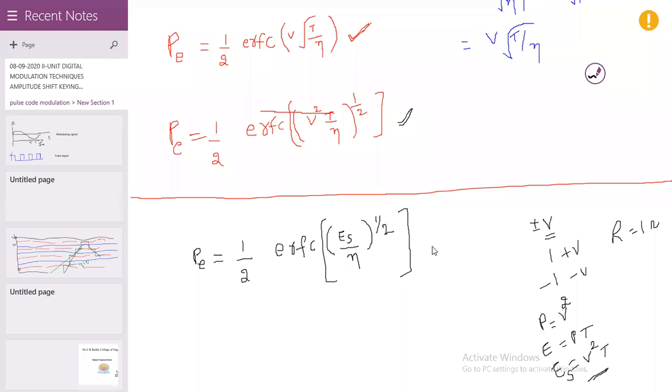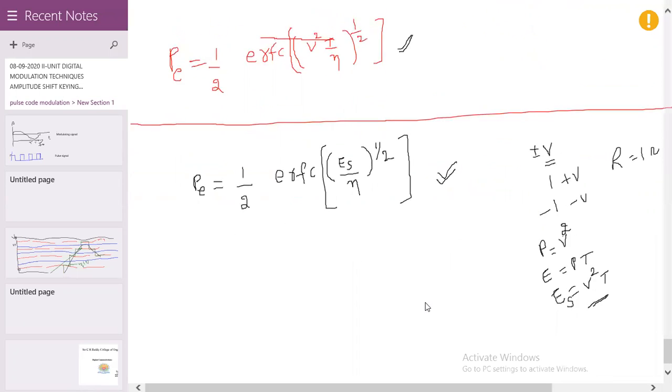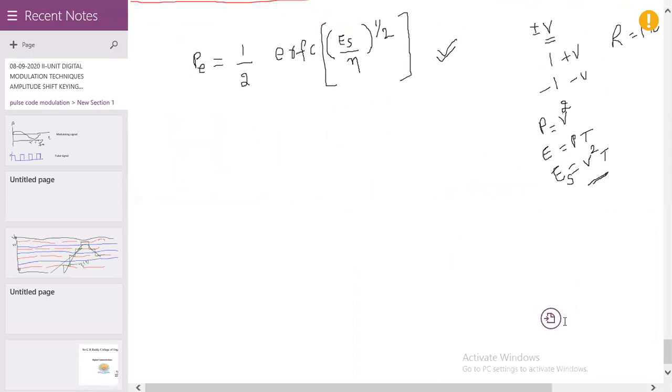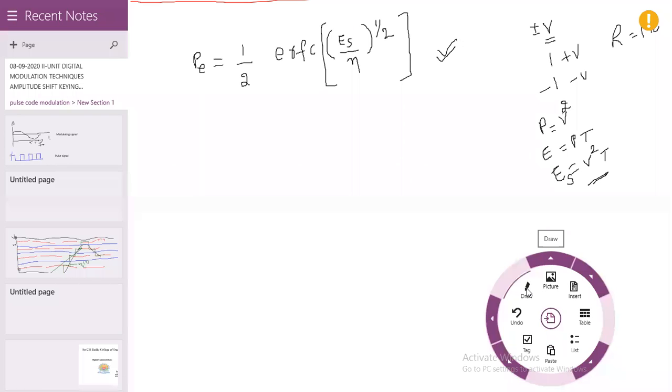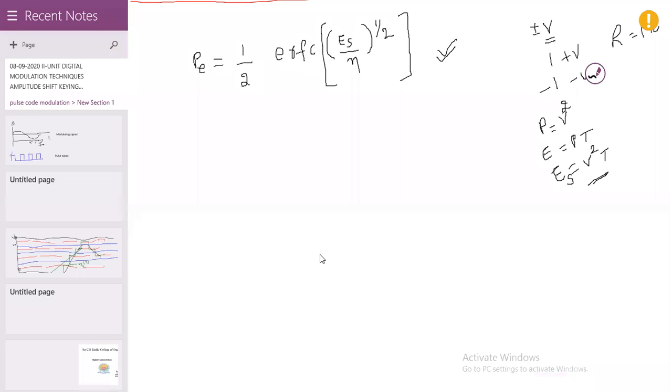Here we estimate the received data, either 0 or 1, with magnitude plus or minus V. Logic 1 is plus V and logic 0 is minus V. We can generalize this.